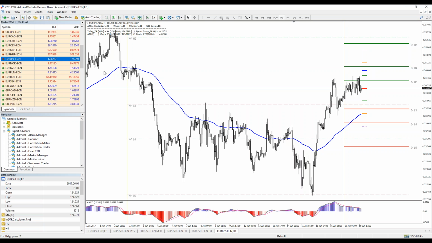Euro yen. I think euro yen is sold unless 124.50 is taken out. Until this is taken out, this will be a sell. To me, this looks like it has the potential to go more to the downside. But at this point, it's in no man's land.